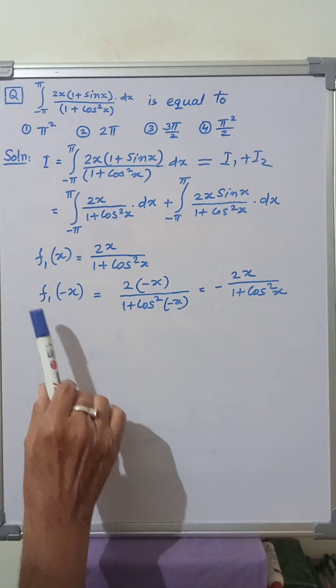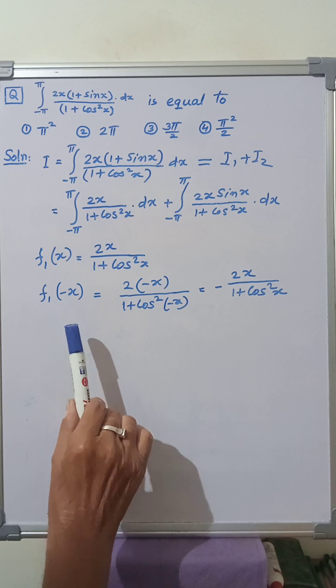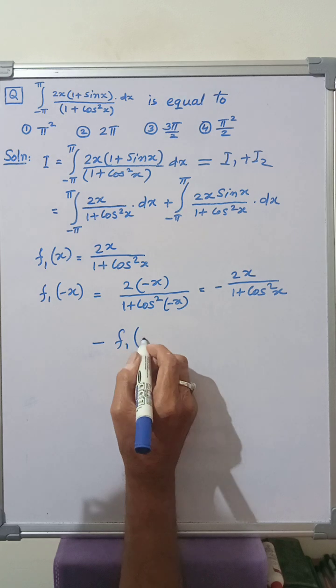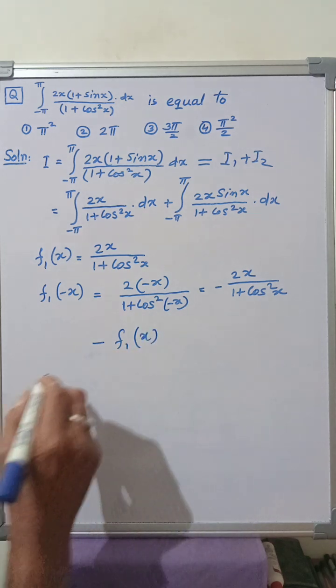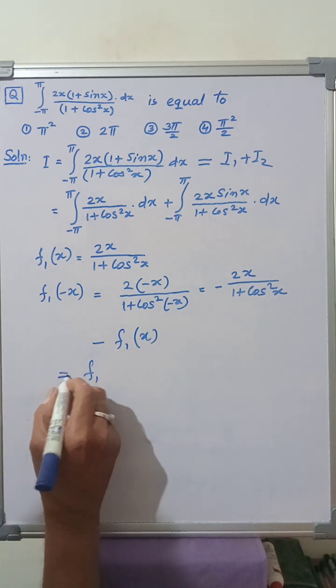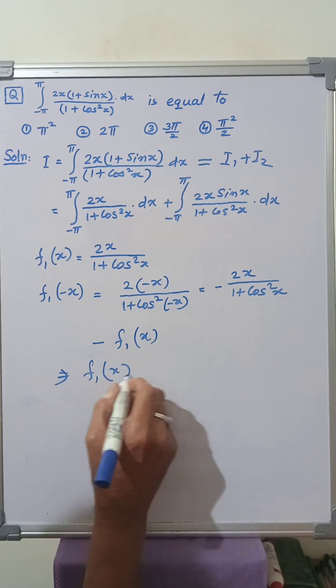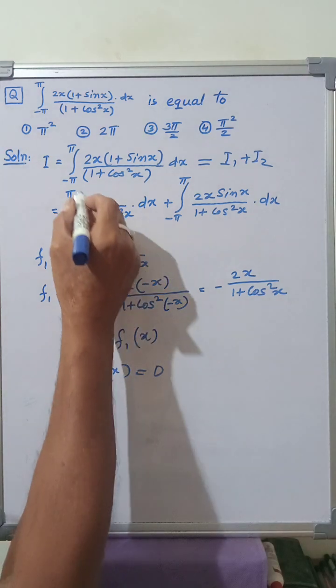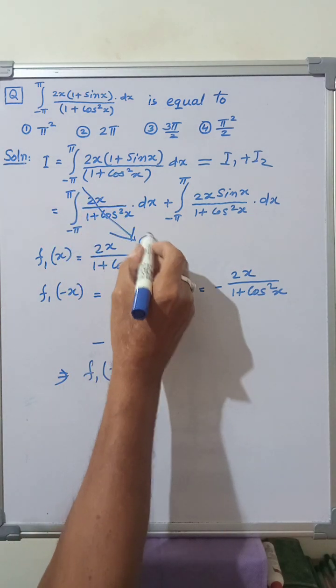Therefore we get f1 of minus x is equal to minus f1x, which implies that f1x is an odd function, so this first integral becomes 0.